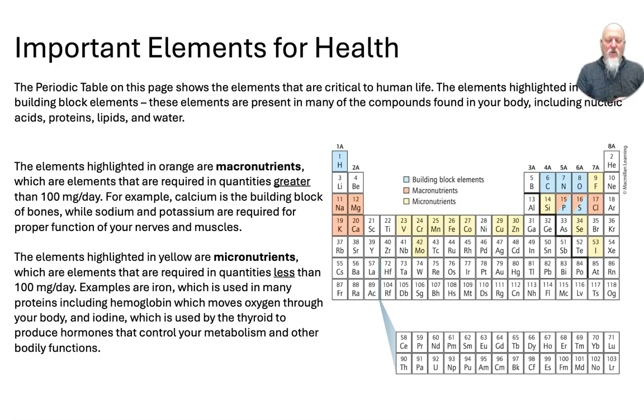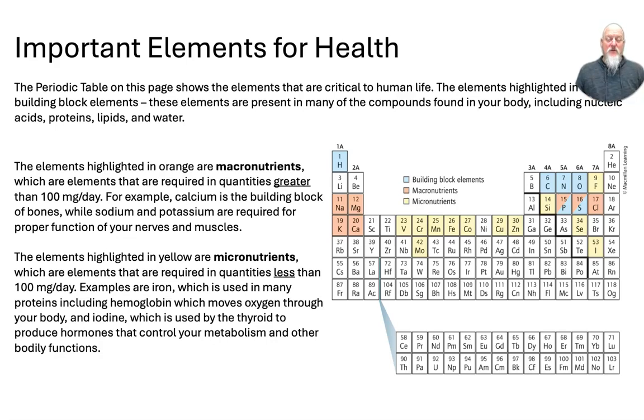So that make water, hydrogen and oxygen, that build proteins or nucleic acids or lipids, fats or sugars, amino acids. All those things are made of those elements: hydrogen, carbon, nitrogen, oxygen, phosphorus, and sulfur.